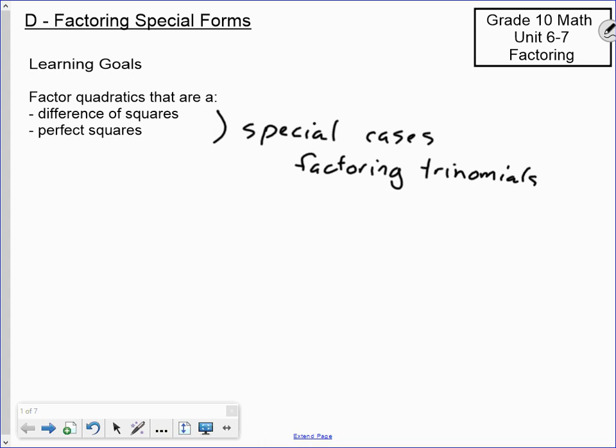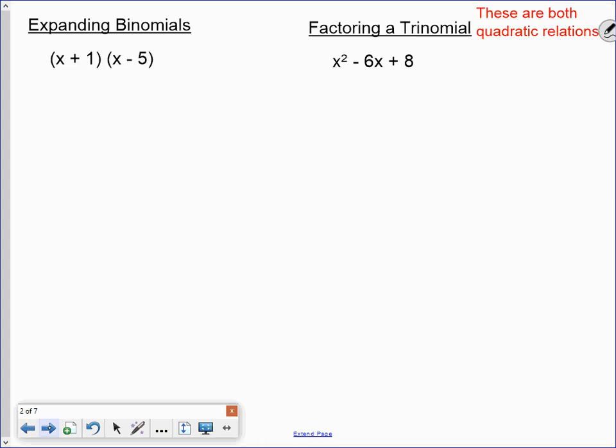Okay. Let's refresh our memory on what we were doing here. A few lessons ago, we looked at expanding binomials, which meant we took our two binomials, binomial just means two terms, and expanded these using the FOIL rule.